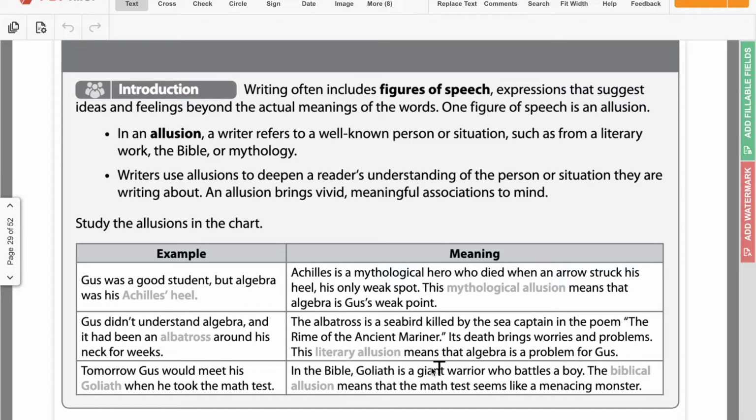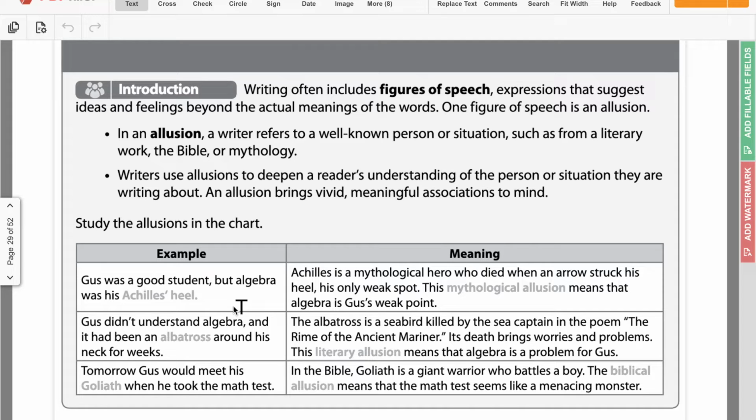Okay, so the albatross is when the seabird was killed by the sea captain, and that brought on worries and problems. So it's saying the albatross for Gus is that he's not very good at algebra, right?